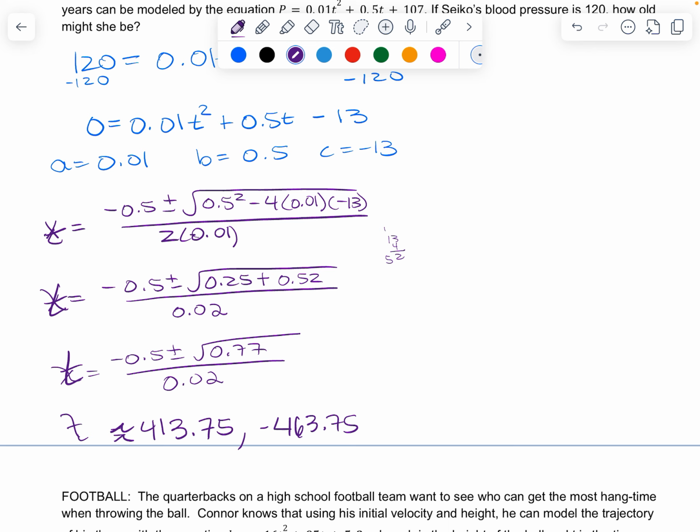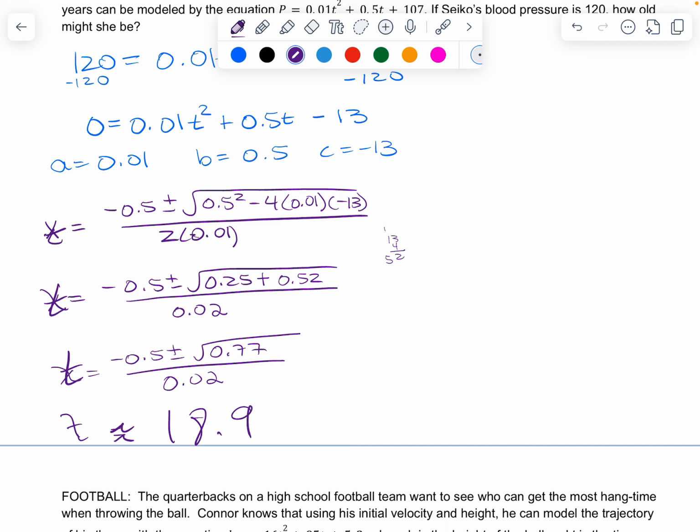Square root of that, minus 0.5 and divide that by 0.02. Oh, there we go. I don't know what I did. 18.9.